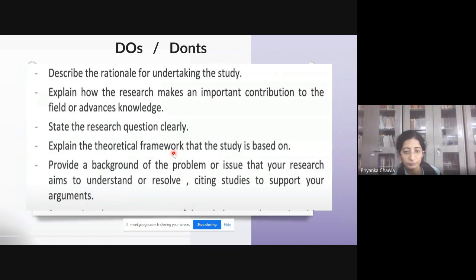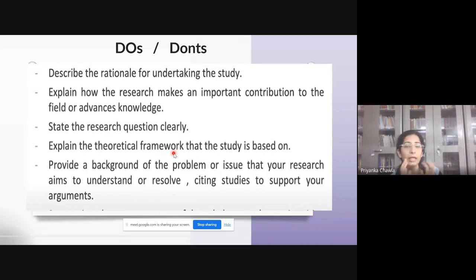So the writing skill required in the introduction part is that you should describe the rationale for undertaking the study, and describe the need of the study. You should explain how the research makes a contribution in the field, or how it advances knowledge in further studies. It should clearly state the research questions.